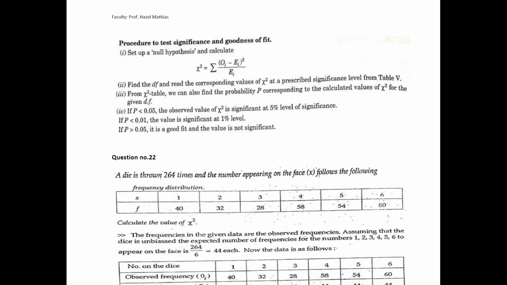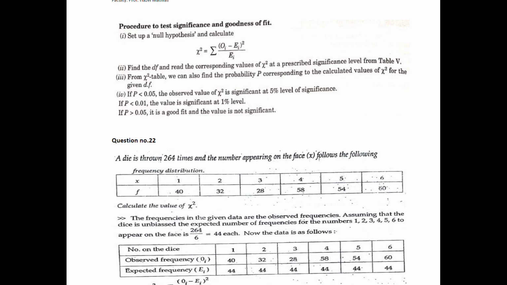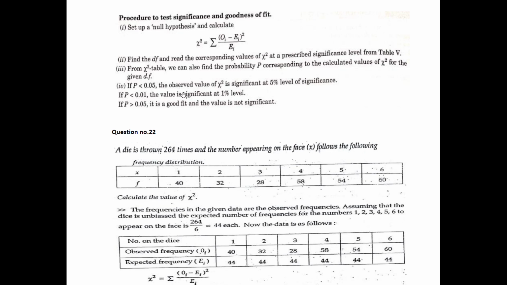So let's discuss how to test the significance and goodness of fit. First we set up a null hypothesis and calculate the quantity chi-square, which is given by summation of (Oi minus Ei) whole square divided by Ei.